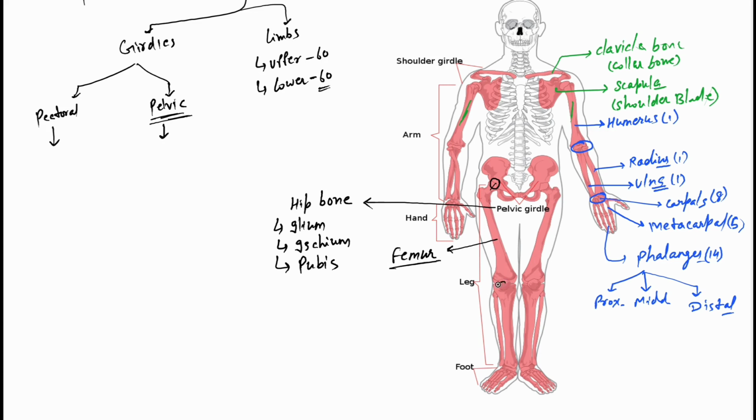And then we have this one anteriorly at the knee joint. We have the bone that is the patella. As we said, the patella is a sesamoid bone. Then if we talk about the bones of the leg, we have the tibia and the fibula.